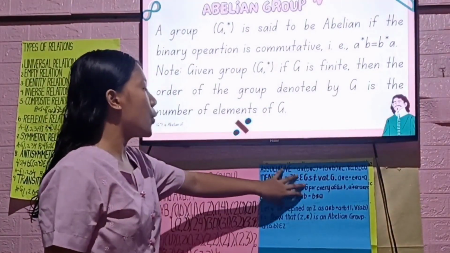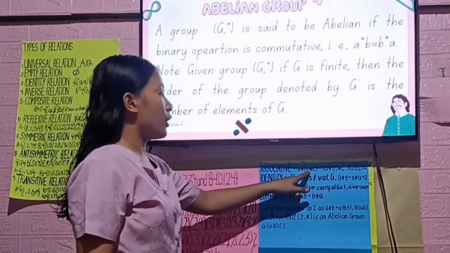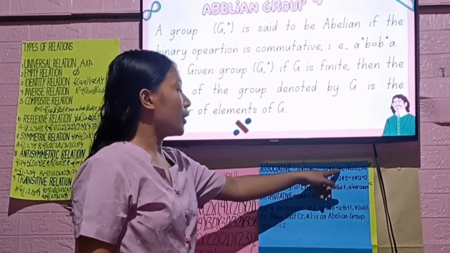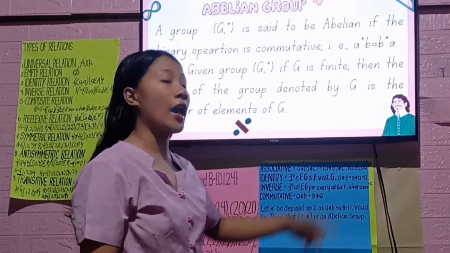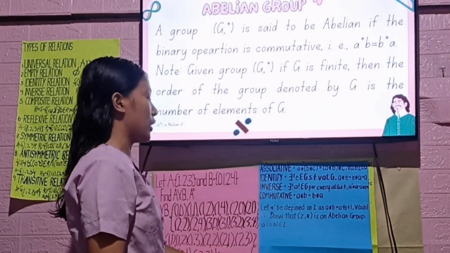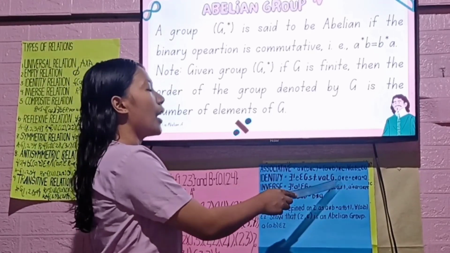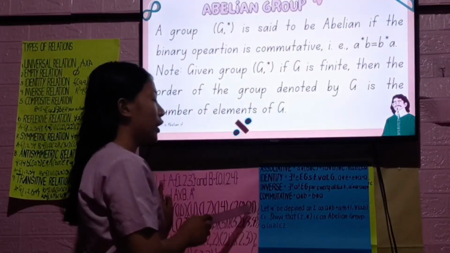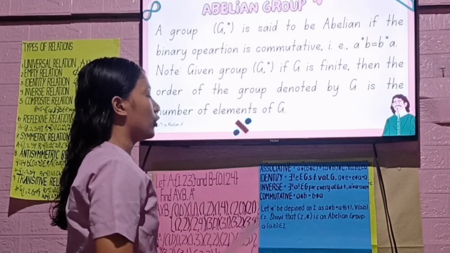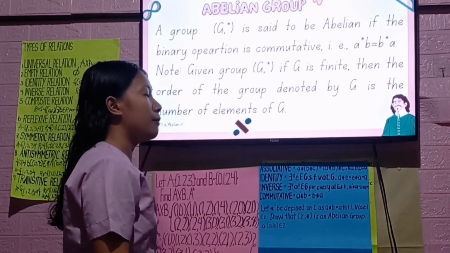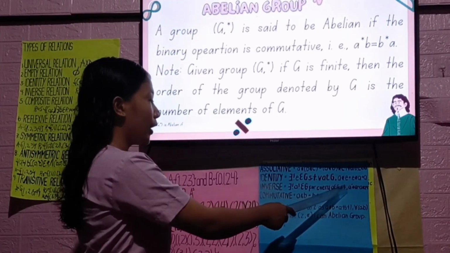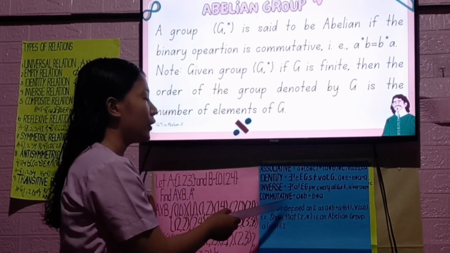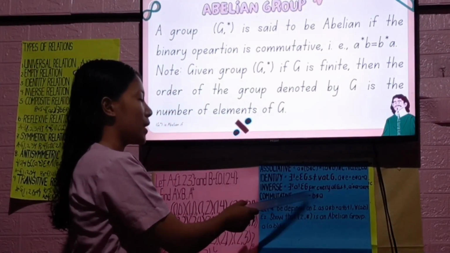In associative, we have A star (B star C) is equal to (A star B) star C, for all A, B, C that are elements of G. Identity: A star E is equal to E star A is equal to A. Inverse: there exists an element of G for every A in G such that A inverse star A is equal to A star A inverse is equal to E. Commutative: A star B is equal to B star A.